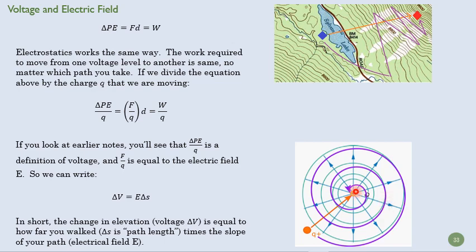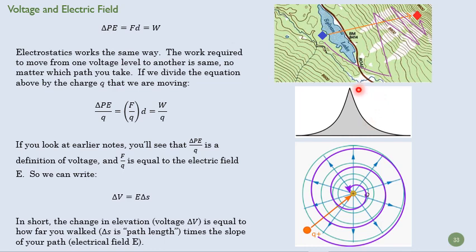But ultimately, the change in potential energy is going to be the same. And that's what voltage is. So voltage from here to here is always the same. Okay, but the electrical field might be different depending on what your path is.